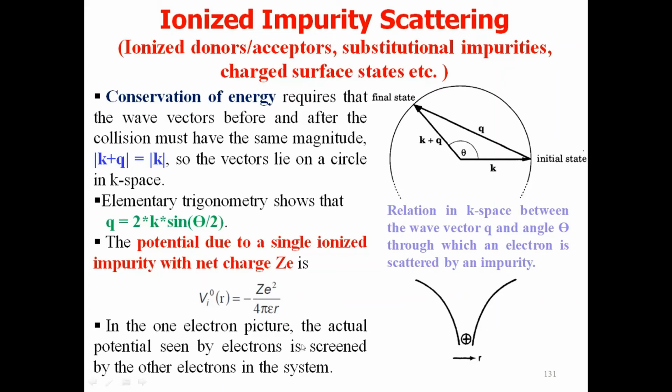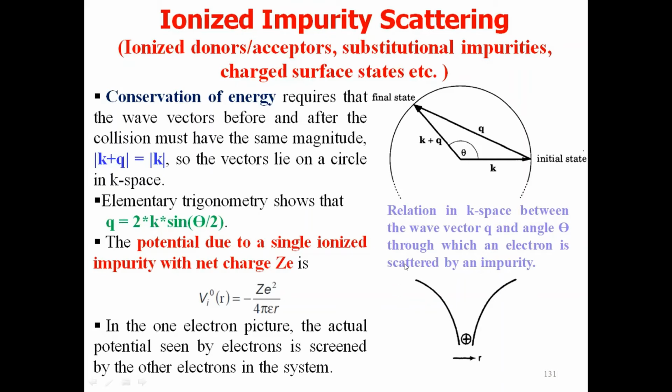In the one electron picture, the actual potential seen by the electron is screened by the other electrons in the system. When you take a crystal, there is not a single electron; there are other electrons also present. So when one electron is interacting with the positive ions or another impurity, the other electrons can screen the effect.